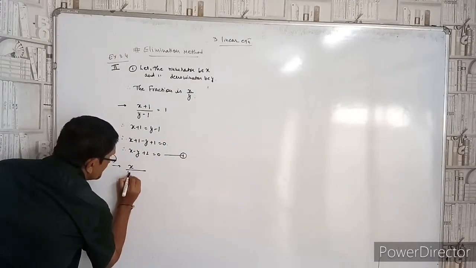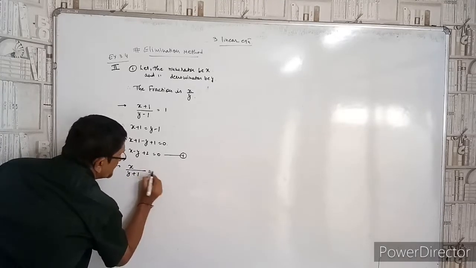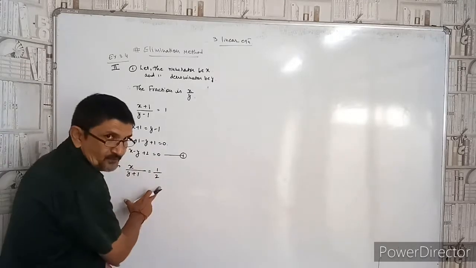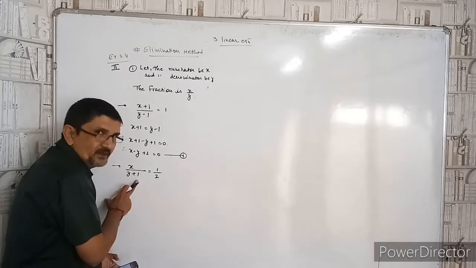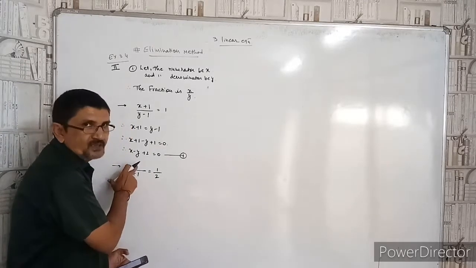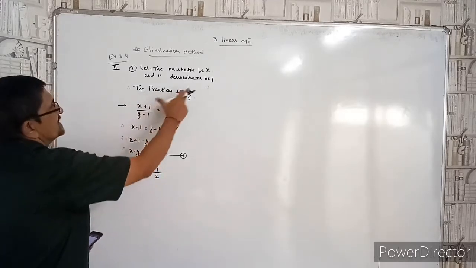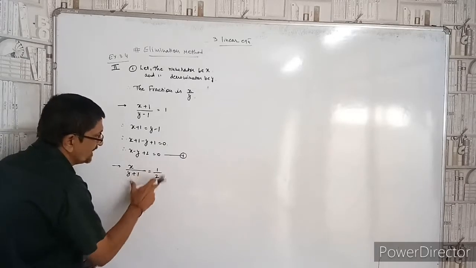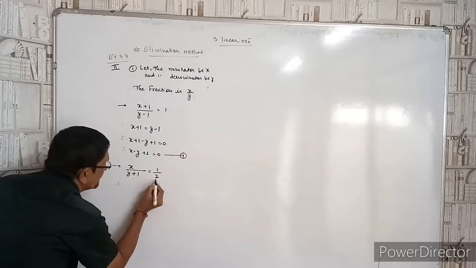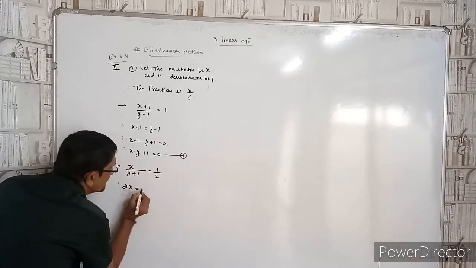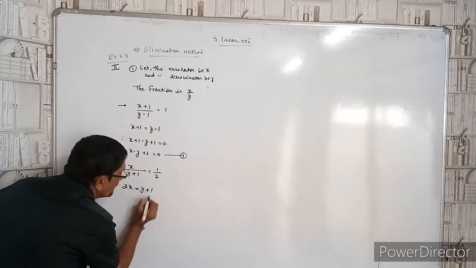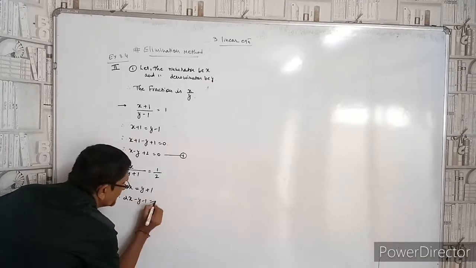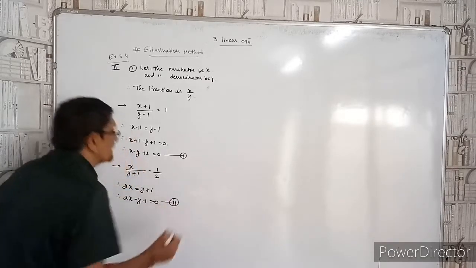Numerator as it is, 1 we add to denominator, it becomes 1 by 2. Numerator remains as it is, x as it is. 1 is added to y, then it becomes 1 upon 2. Just cross multiply. So 2x is equal to y plus 1. So it is 2x minus y minus 1 is equal to 0. This is the second equation.